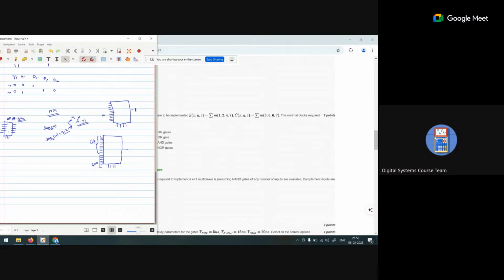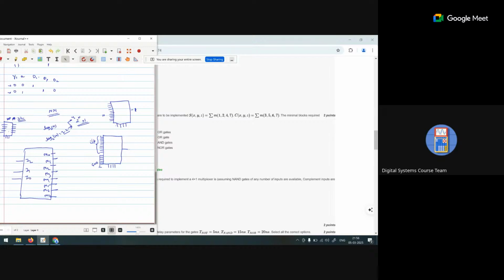So that means you require a minimum of M0 to M7, 8 outputs: M0, M1, M2, M3, M4, M5, M6, M7. For selecting M0 to M7, 3 inputs are required: I2, I1, I0.